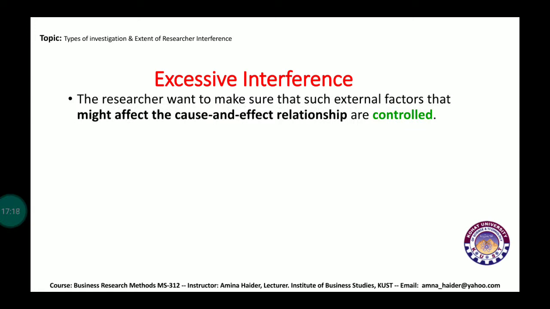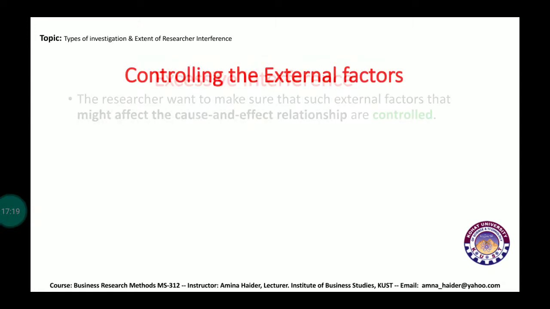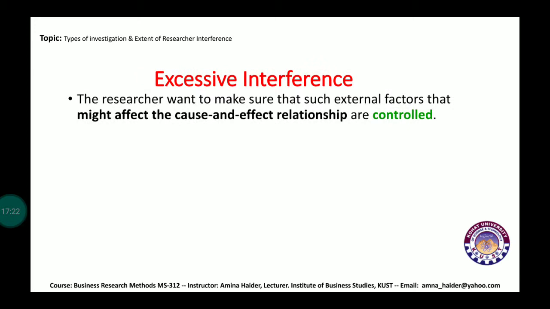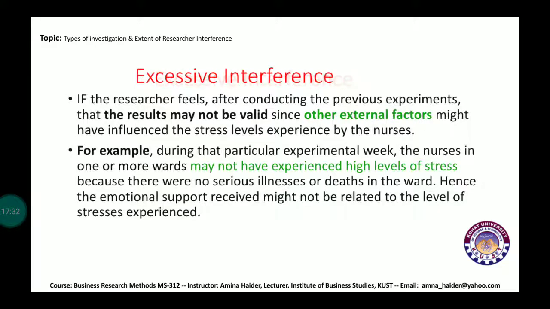The researcher wants to make sure that such external factors that might affect the cause and effect relationship are controlled. So the researcher might take three groups of medical students, put them in different rooms, and confront all of them with the same stressful task.